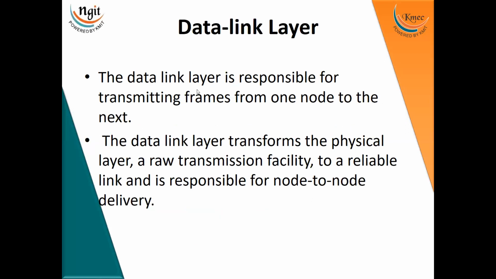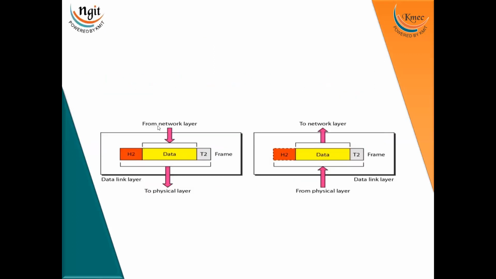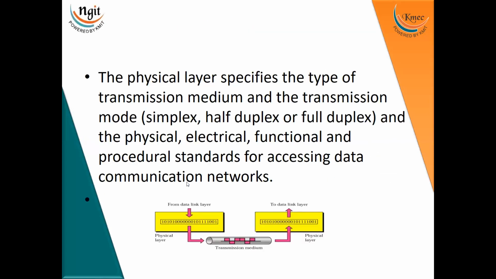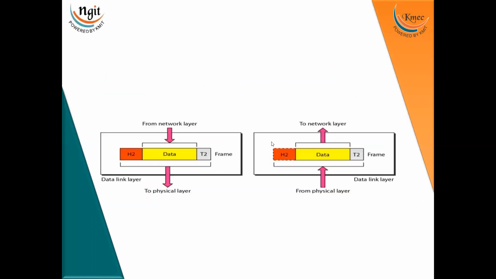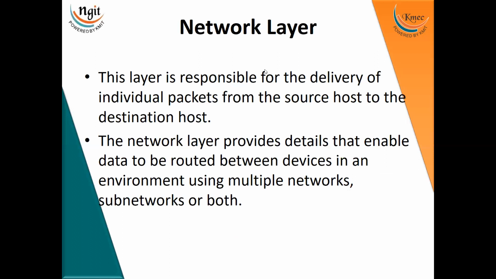Next we have the data link layer. This layer is responsible for transmitting frames from one node to the next node. Through this data link layer we have the transmission medium. Next, we have the network layer.